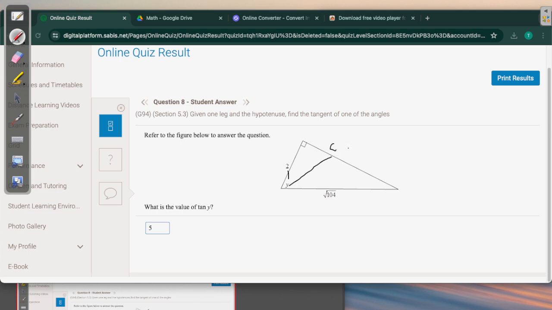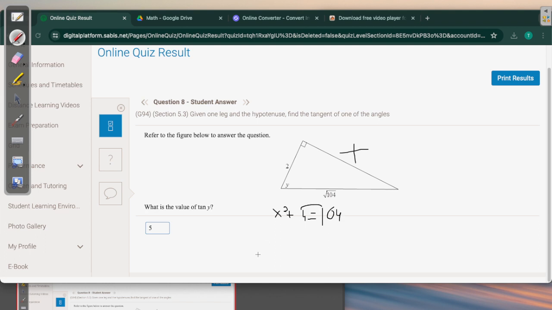How do you find this? We'll call this x. So you apply the Pythagorean theorem. X squared plus 4 is equal to 104, basically because we squared everything. So this is an x squared.